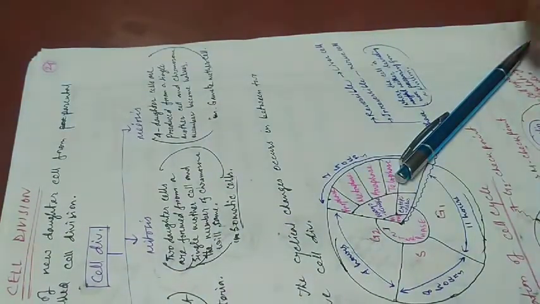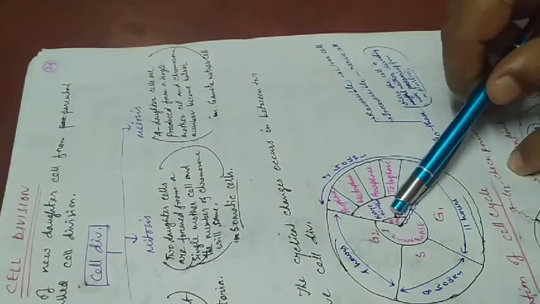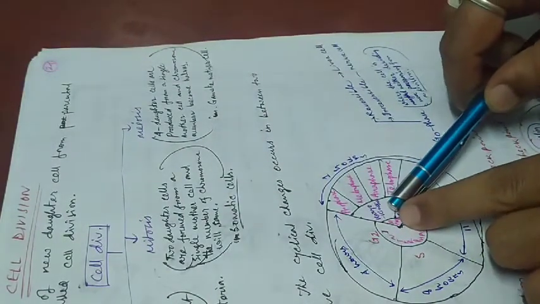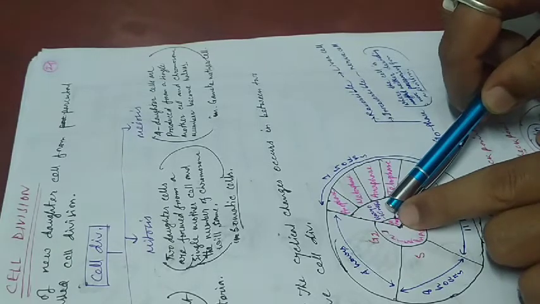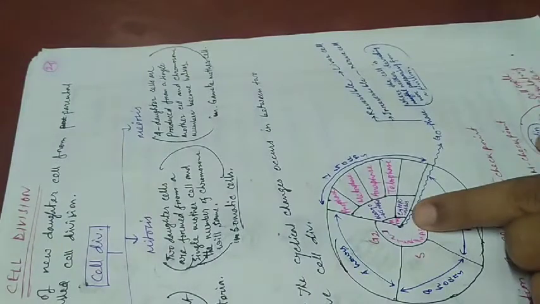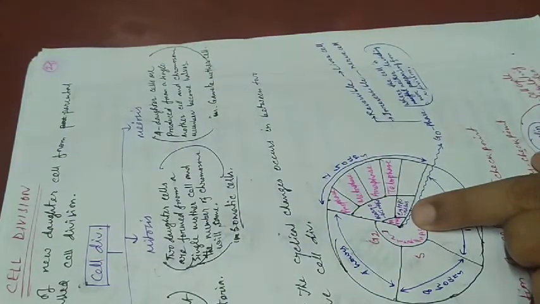Then the next phase, the M phase or mitotic phase, will occur. We can classify the mitotic phase into two parts: karyokinesis and cytokinesis.